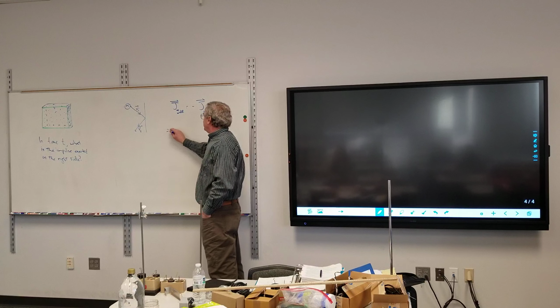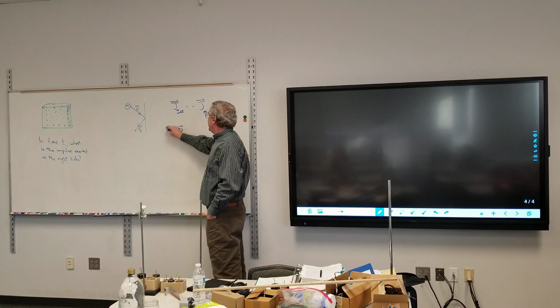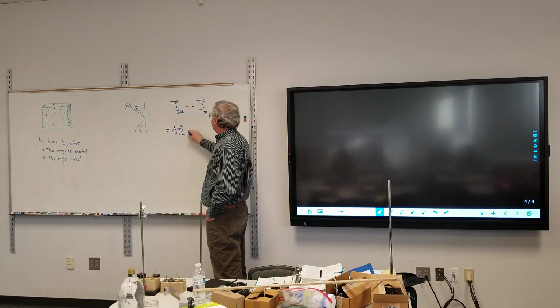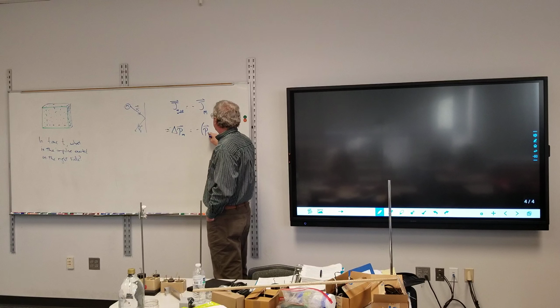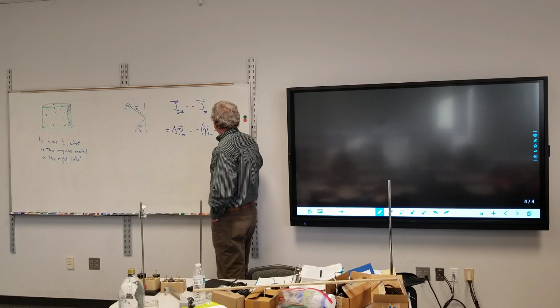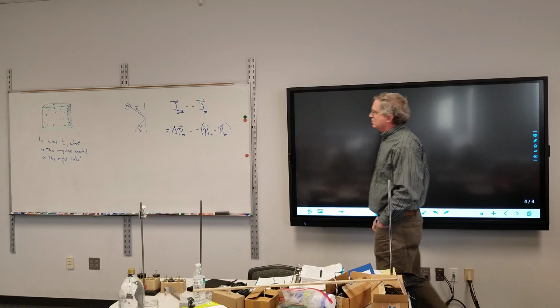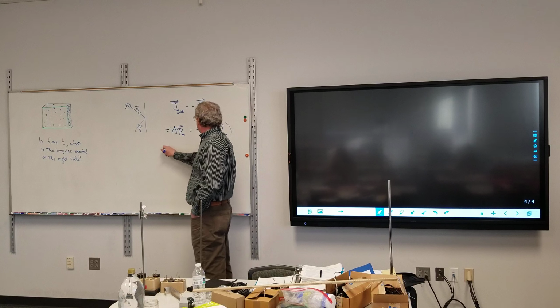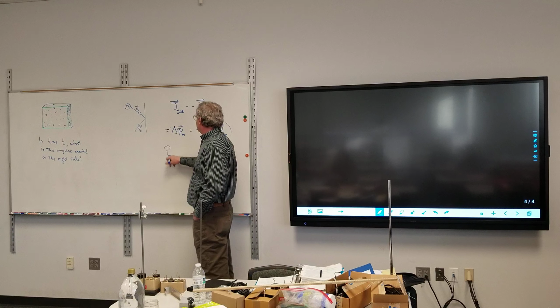So that would be equal to the negative change in momentum of the particle, which is the negative of the final momentum minus the initial momentum. Distributing the minus sign, we end up with Pi, the initial momentum of the particle, minus the final momentum of the particle.